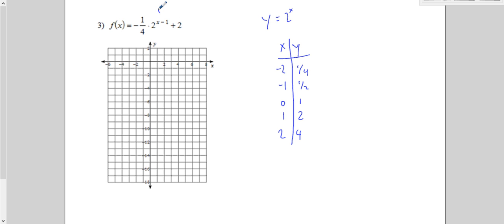Now this says to the right by 1 and up 2. And I also need to multiply by negative 1/4. So it's going to reflect downward, and then it's 1/4 of the value of y.